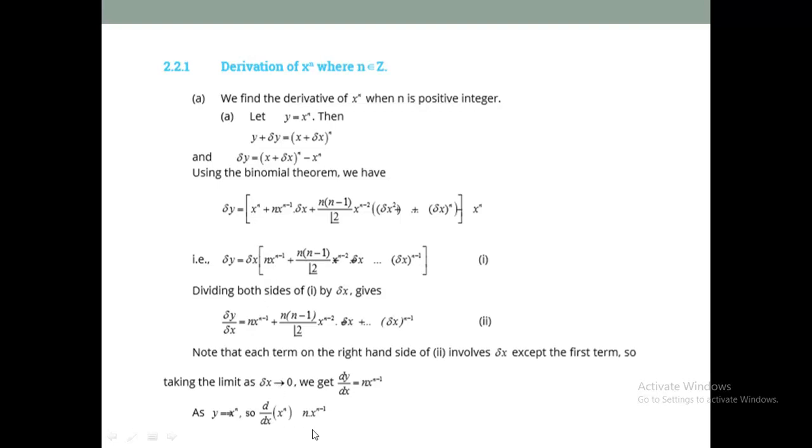So we have a general formula here. If we have x raised to power n, then its derivative is n x to the n minus 1. It means for the derivative of x raised to power n, we multiply by the same power and reduce its power by 1.